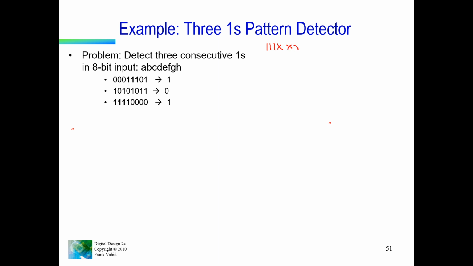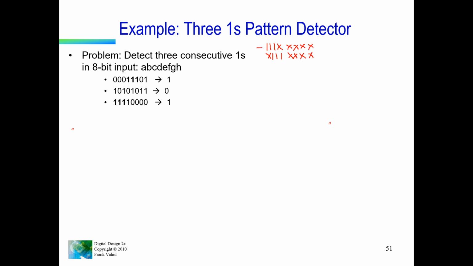They can be either 1 or 0, so I put X for them. Or I put X for the first, most significant bit, and put 3 consecutive ones next to that. And again, the others are don't cares for me. It's not important whether they are 0 or 1. As there are 3 consecutive ones, the output must be 1.